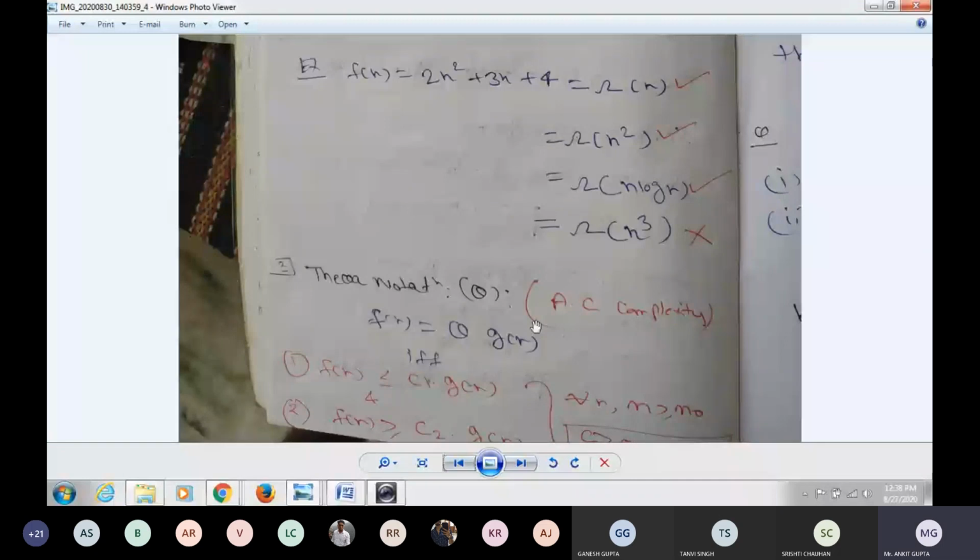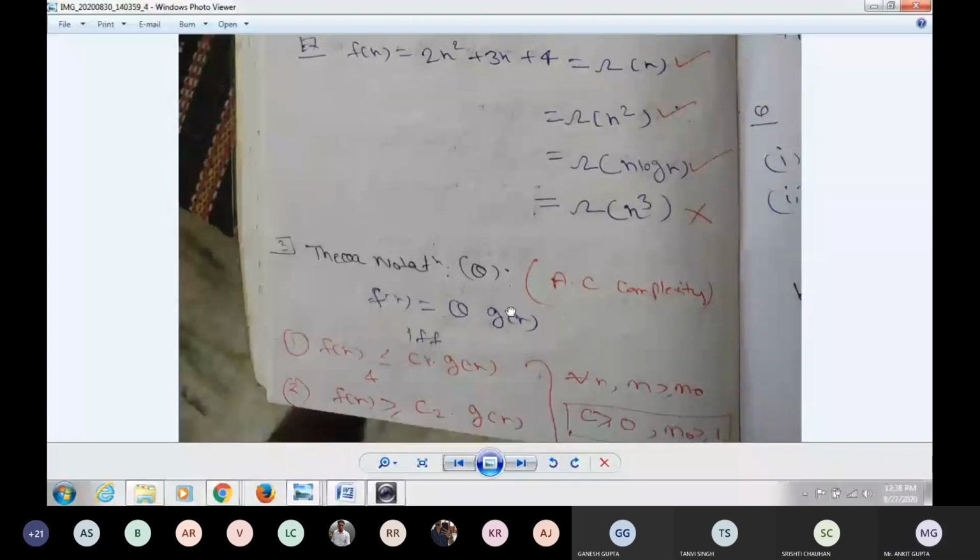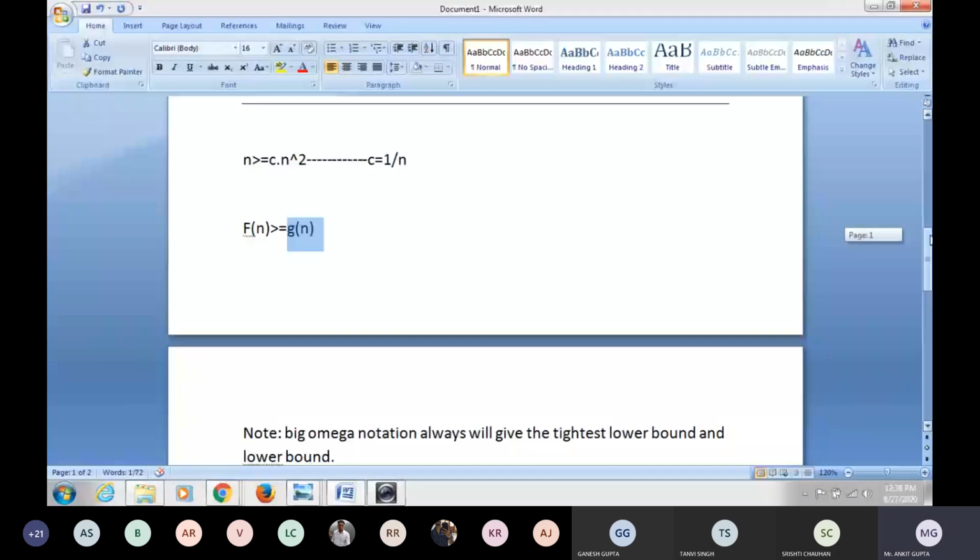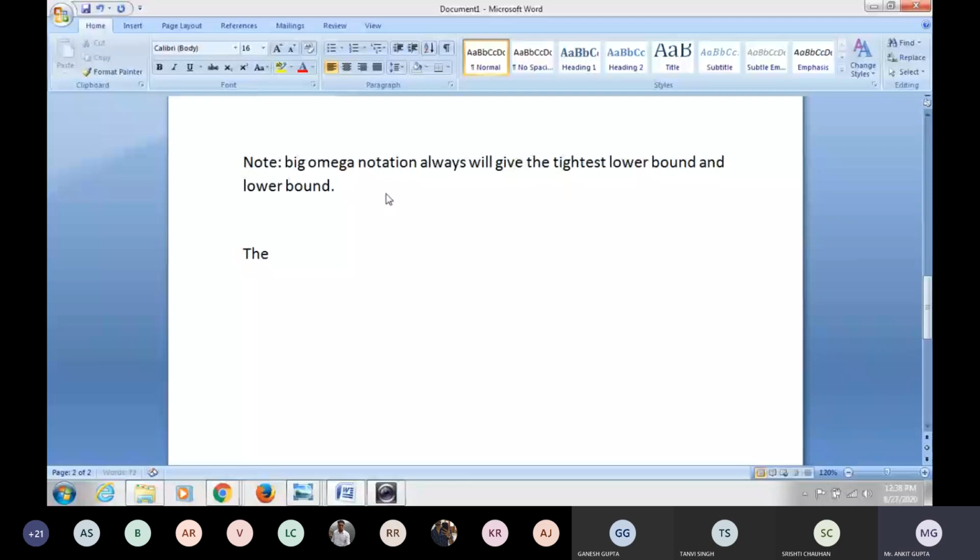Okay, so it will give the average case complexity. Are you getting? Now the theta notation.